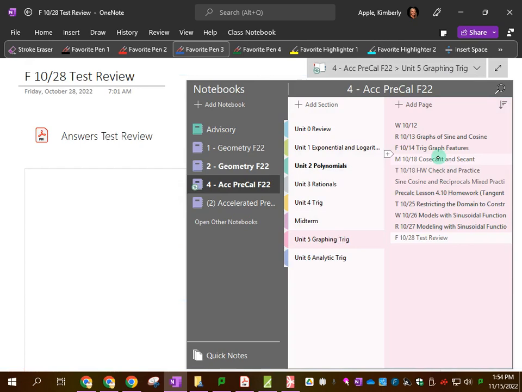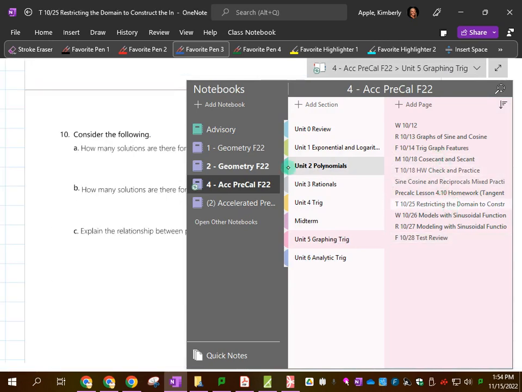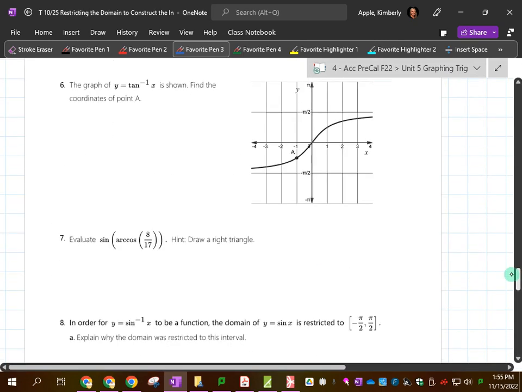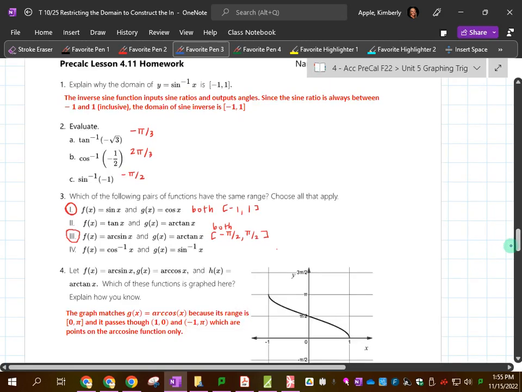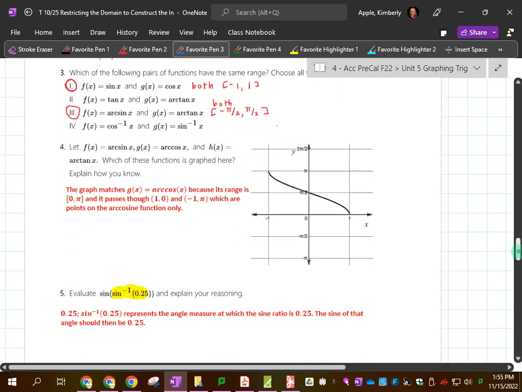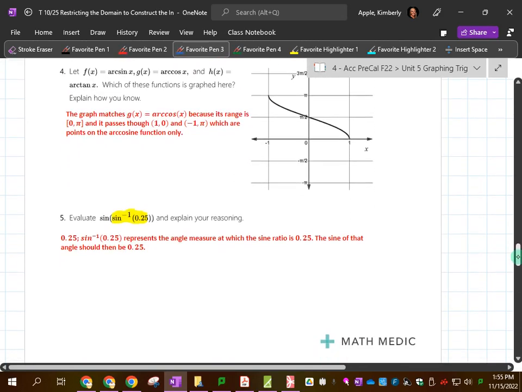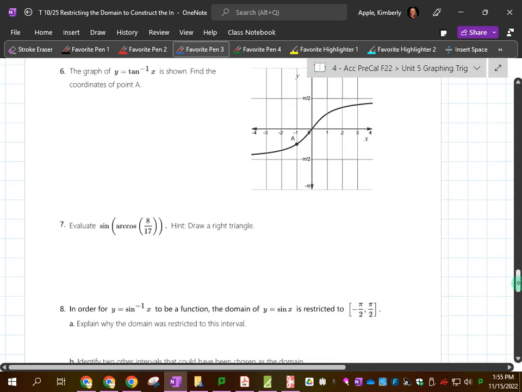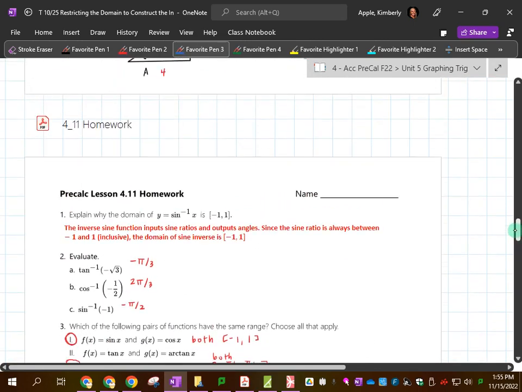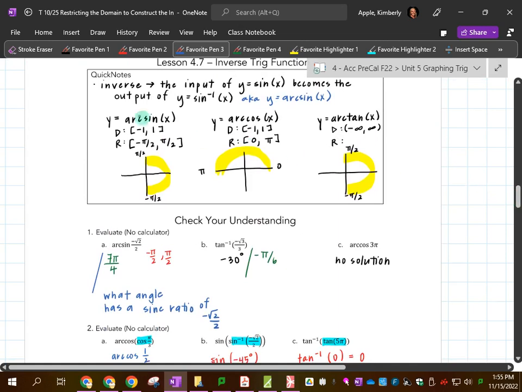So let's go back to when we talked about this. So remember these? Yes. This is what we're using today. And recall that when we talked about this, the arc sine or inverse sine function had a range that was in quadrants 1 and 4.